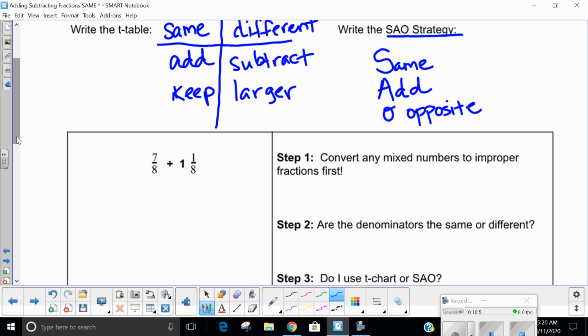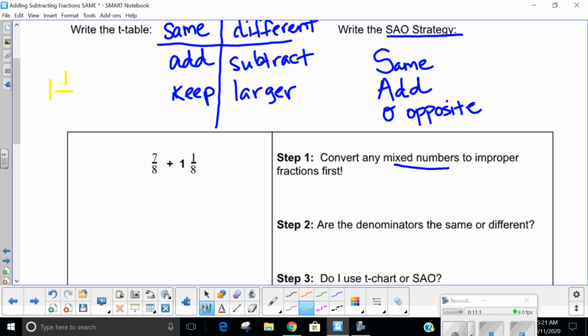The first step says we need to convert any mixed numbers to improper fractions first. What that means is if you have a number like this that is a mixed number, we have a whole number and a fraction. It doesn't know what it wants to be yet, so we have to make that look like a fraction. How do we do that? Well, we can use the popcorn method.